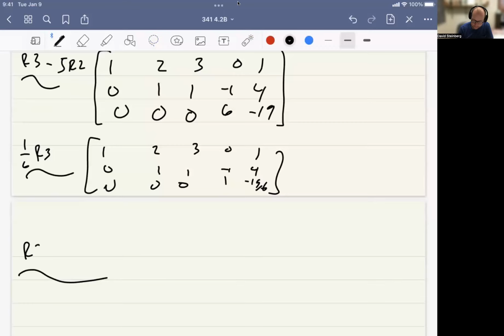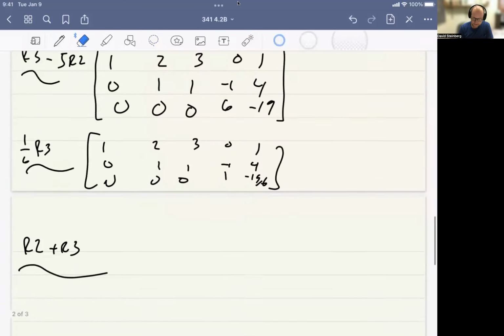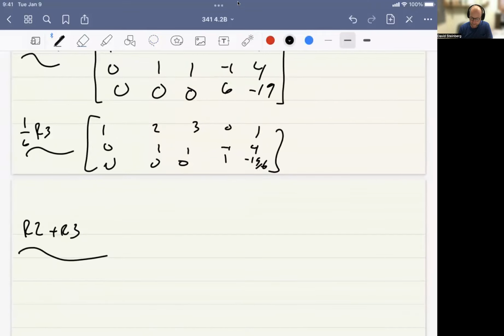Row 2 plus row 3 will do it. Something must be written down wrong. Let's do this one and see what happens. Certainly we want row 2 plus row 3.